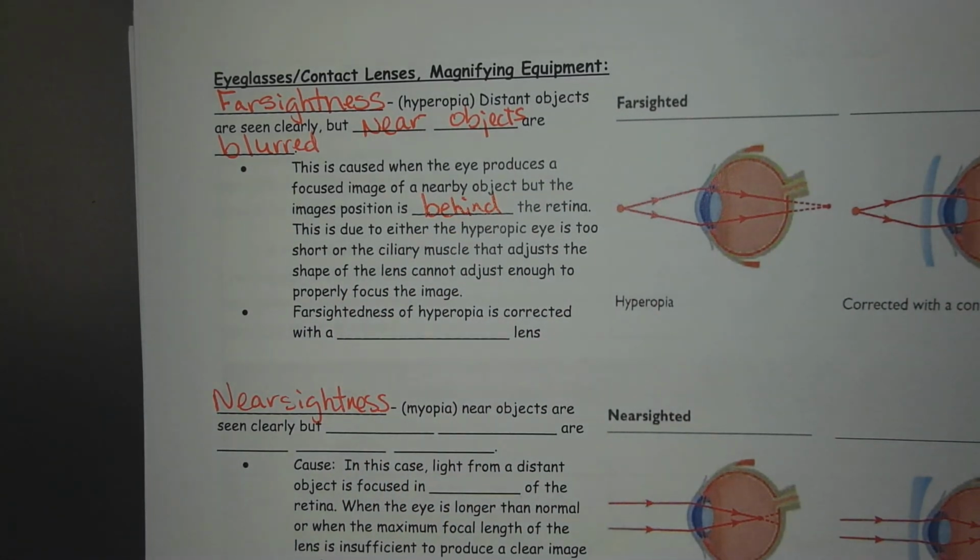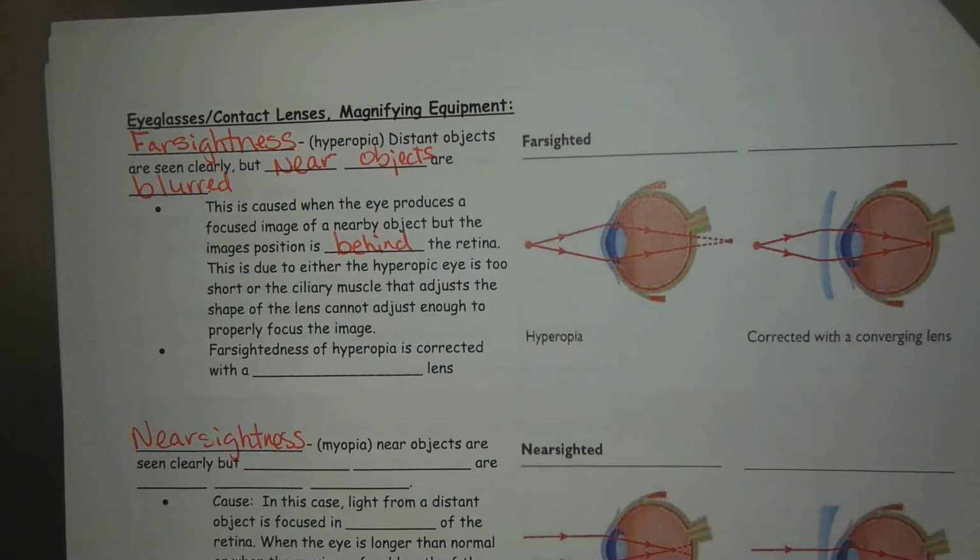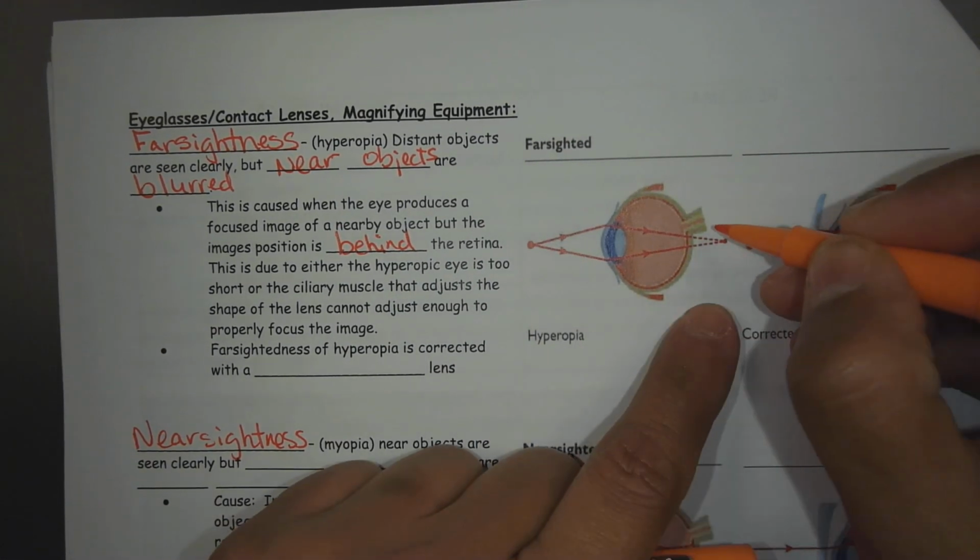but the image position is located behind the retina. And I know that I've used that word retina quite often. That retina, when we open up the cow eye, is going to be like this nerve. It's a nerve that goes from the back of the eye up to your brain. That is going to tell your brain what you are seeing. Now, this means that this person's actual image is being produced behind the retina.